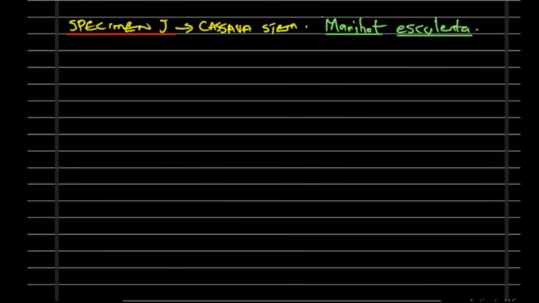So looking at that now, let's start with the classification. The kingdom there is Plantae, and then we have the phylum to be the Spermatophyta, and then we have the class to be the Magnoliopsida.